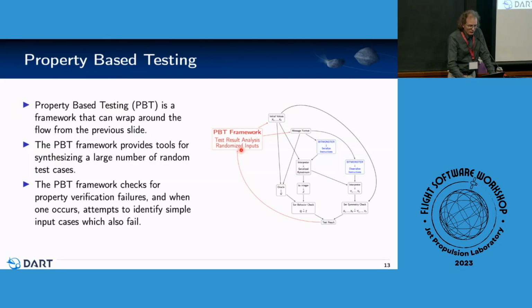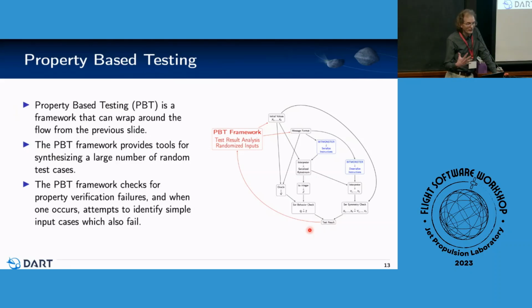And the testing framework also wraps around the test result. These frameworks exist for a wide variety of languages, by the way. There's also a feature in a lot of these that is a shrinking operation. So if it encounters an input sequence that causes a failure of the verification, the toolchain can try and intelligently reduce the size of that input vector in various ways to get at the smallest one that still fails.